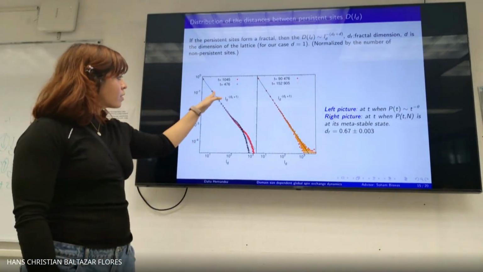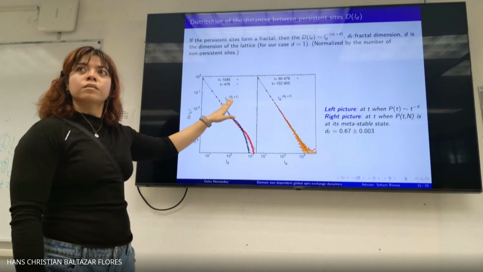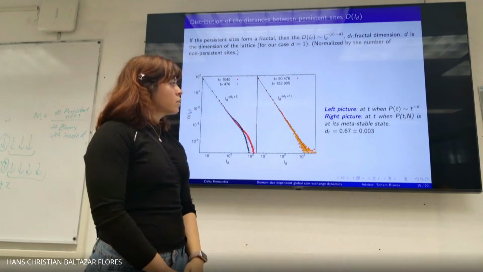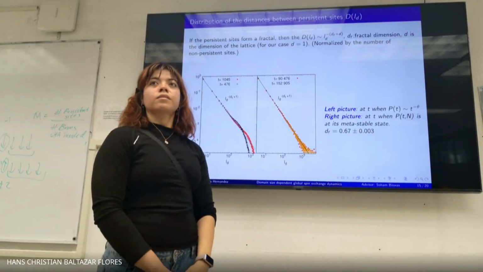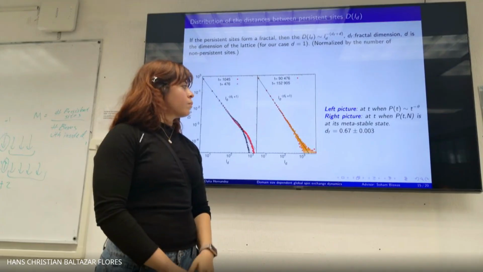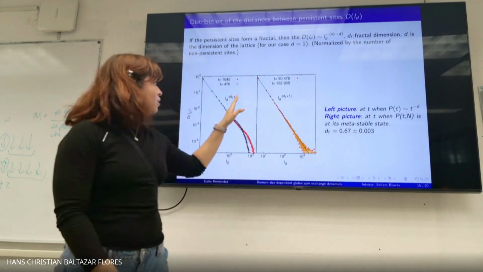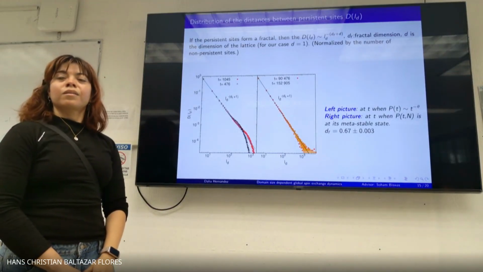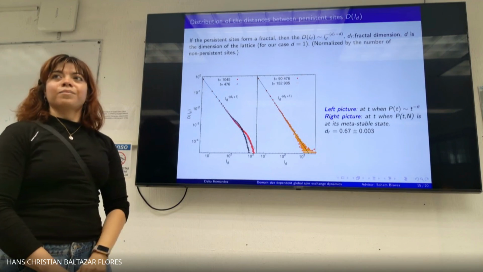Is the fractal dimension plus 1? Yes, d_f plus 1 is 1.67, plus or minus. So that follows a Levy distribution. It's not normal.